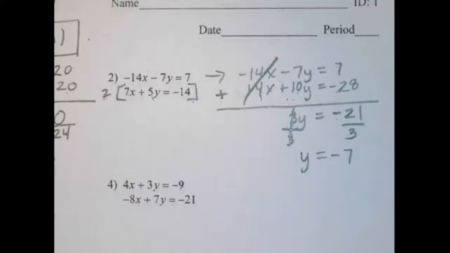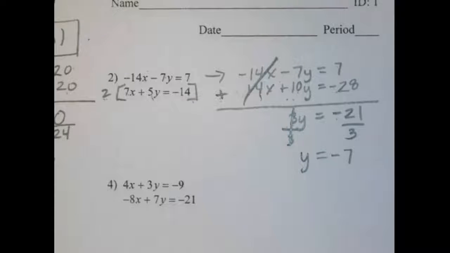Which one do I want to put my y equals negative 7 in? Top or bottom? Which one, Dominic? Top or bottom? Why? Who else said bottom? Clarissa, why bottom? You said top?